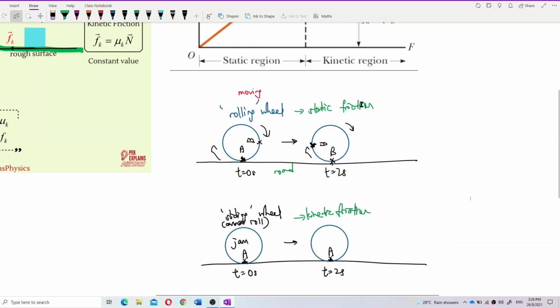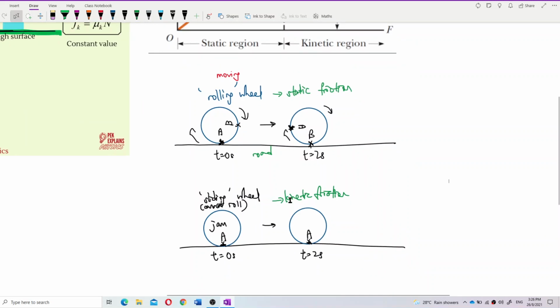The rolling wheel is still experiencing static friction, but the sliding wheel is experiencing kinetic friction because it is the same point touching the road all the time. The same point slides across the road, but with the rolling wheel, all different points on the surface are in contact with the road.